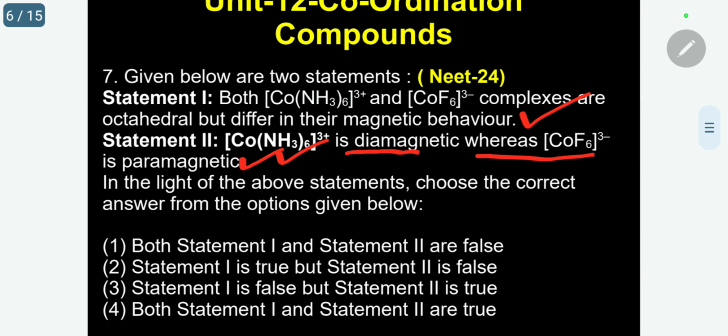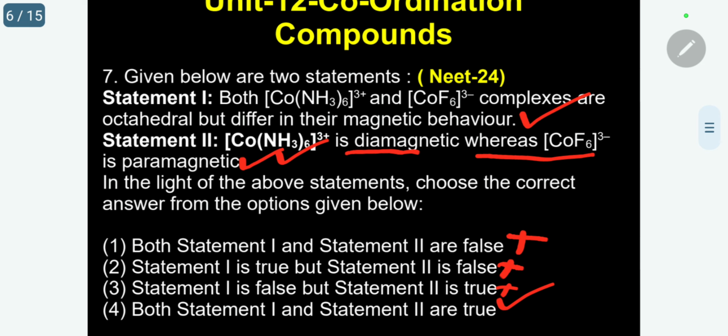Option 1: both statement 1 and 2 are false. Option 2: statement 1 is true but 2 is false. Option 3: statement 1 is false but 2 is true. Option 4: both statement 1 and 2 are true.